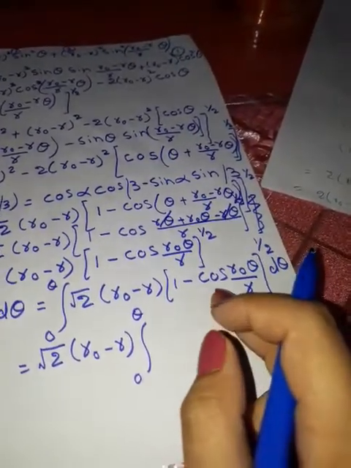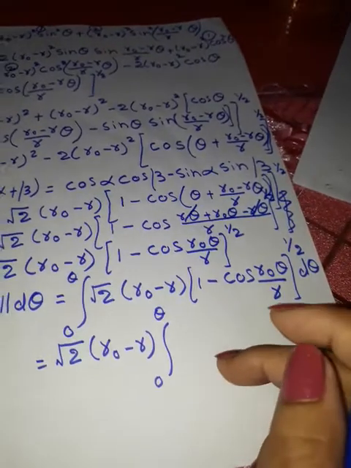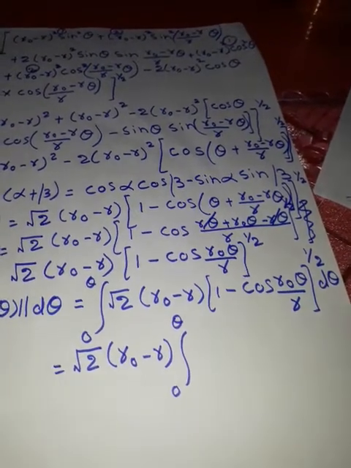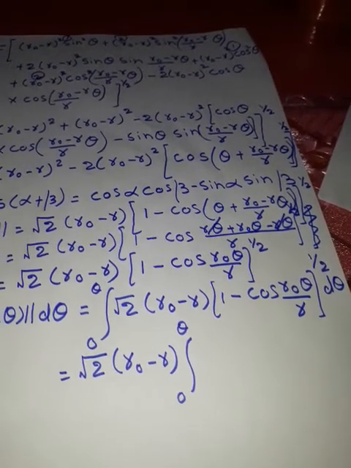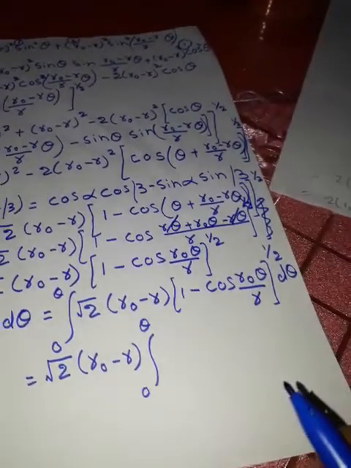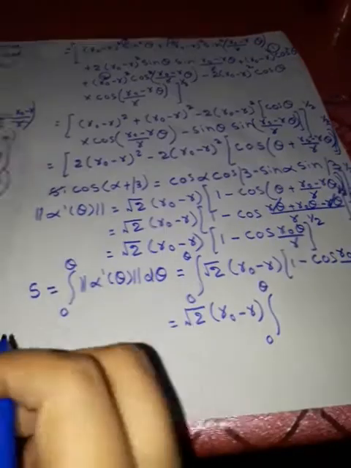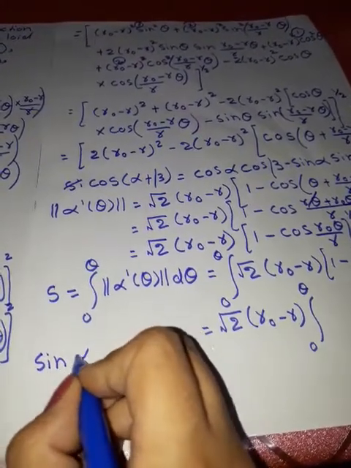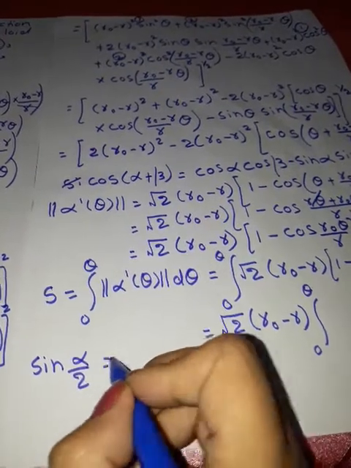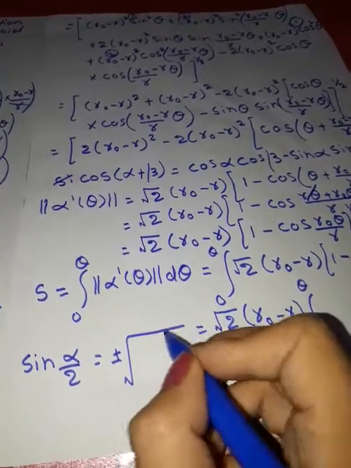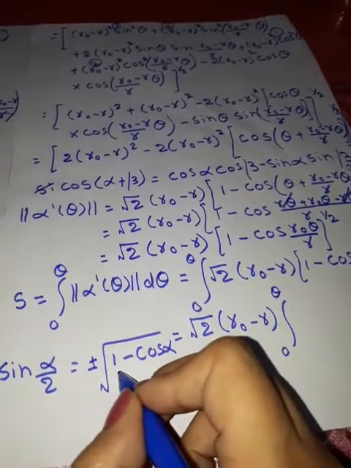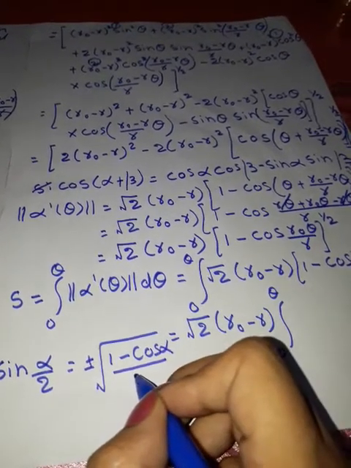Now, 1 minus cos r naught theta by r is what? I know I can apply the identity sin alpha by 2 is equal to plus minus under root 1 minus cos alpha divided by 2.